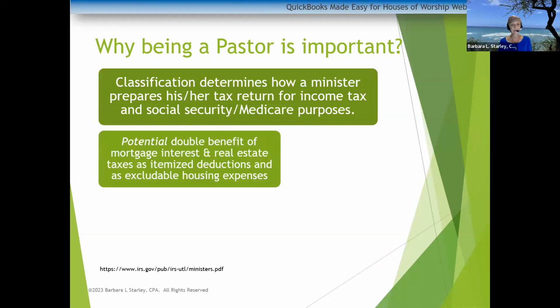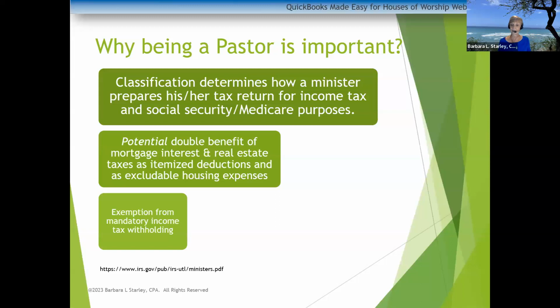It also provides a potential double benefit of not only having a housing allowance that is not taxable for income tax purposes, but also the mortgage interest and real estate taxes may be able to be deducted on an itemized deduction form. So that's a double benefit. I will say that though that potential has been reduced considerably when the IRS increased the standard deduction allowance, right? Because you have to still get over that threshold.